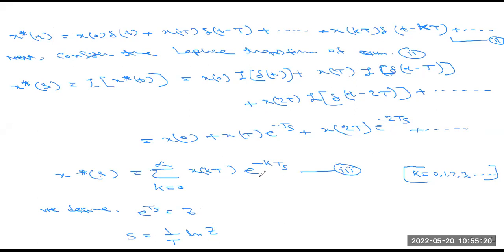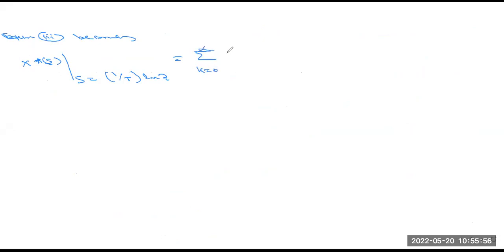So we have to write equation 3 here: x asterisk of s, with s equal to 1 by t log z, is equal to the summation of k equal to 0 to infinity x of kt z to the power minus k. This is the other equation, equation 4.